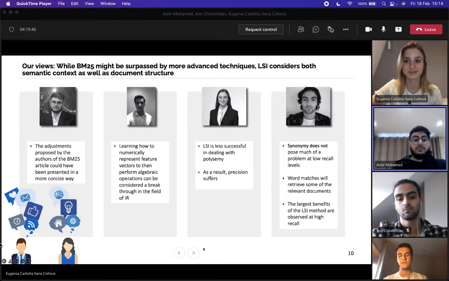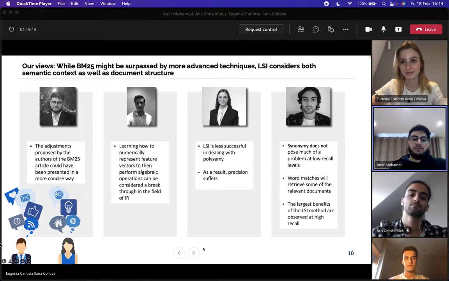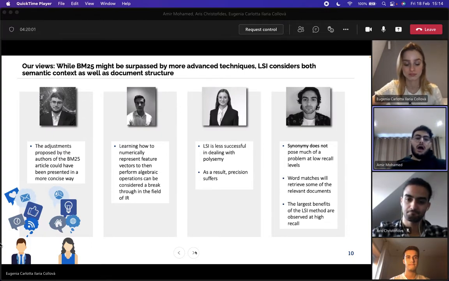And we also believe that the effectiveness of the model displayed in paper two is highly dependent on user-defined parameters, which does provide a high level of flexibility for a model of information retrieval. We also generally acknowledge that the ability to work with text on a semantic basis is essential to modern information retrieval techniques.